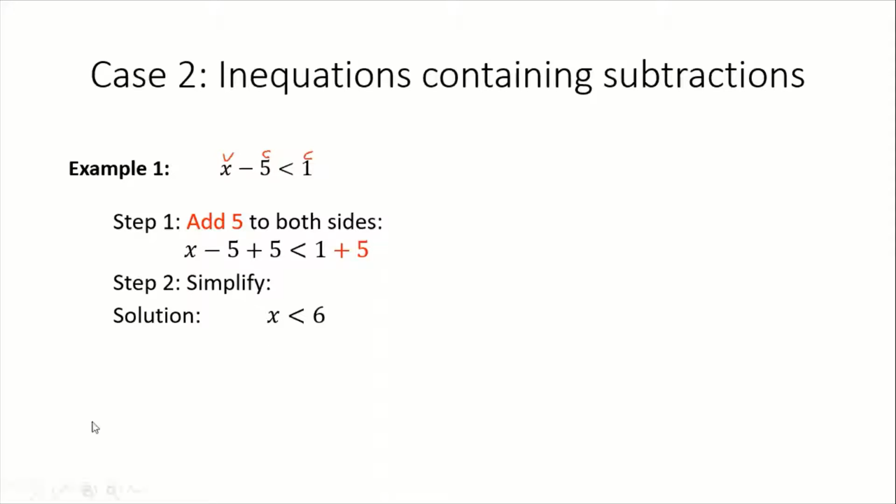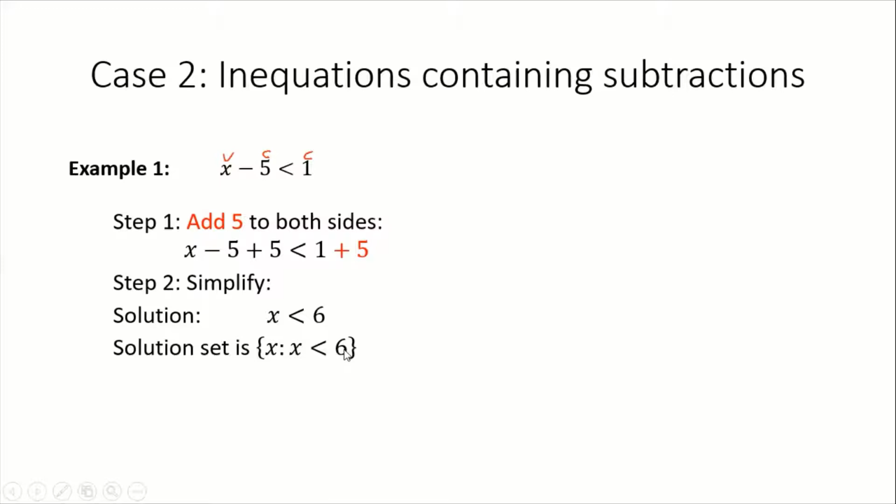So this is how you would actually represent your solution as a solution set, where the curly brackets mean the set, and these 2 dots mean such that, so for those who are new, please write it down. So let me read it for you. Starting from the curly bracket, you would say the set of all x's such that x is less than 6.